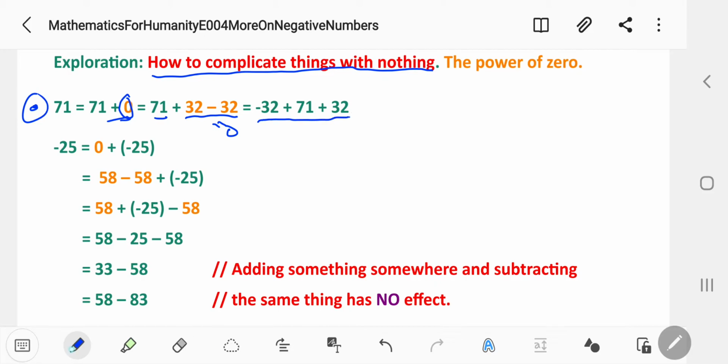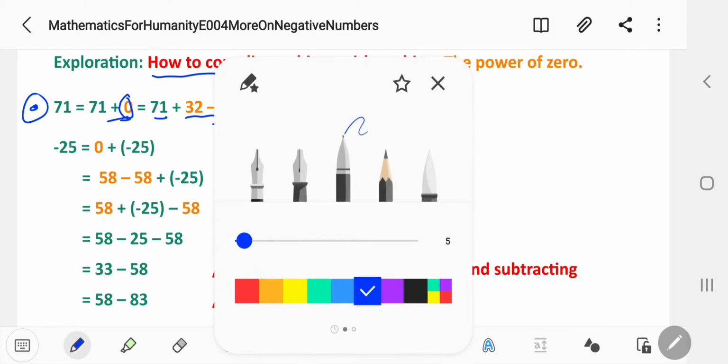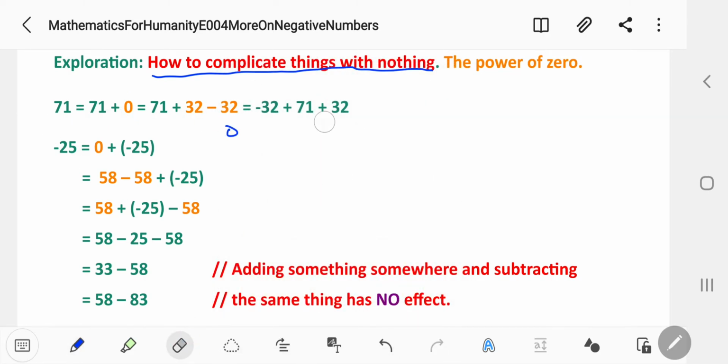So from as simple as 71, you have now a longer expression which is still equal to 71. So at least you can see that 0 has complicated, or made 71 a little messy, but actually it means nothing.